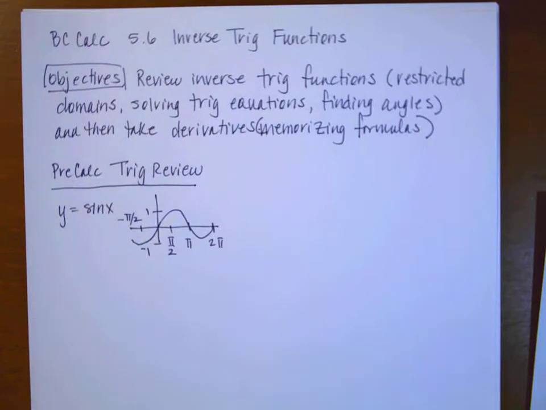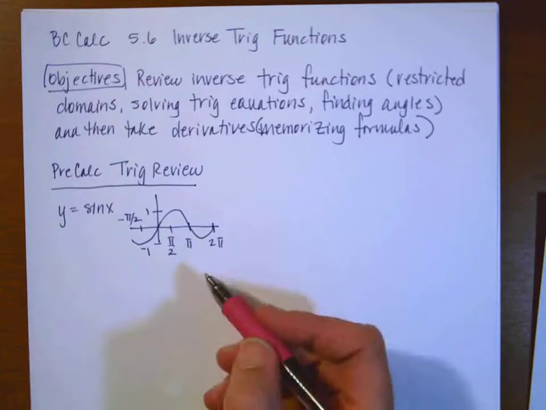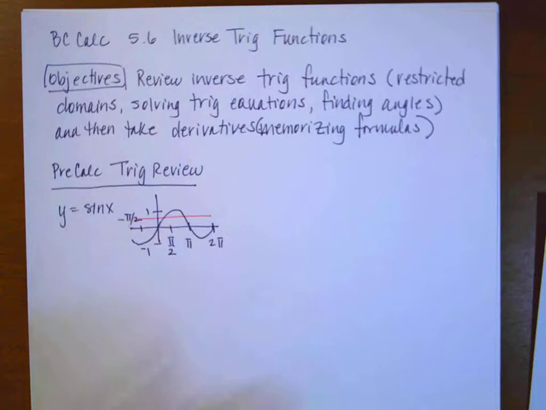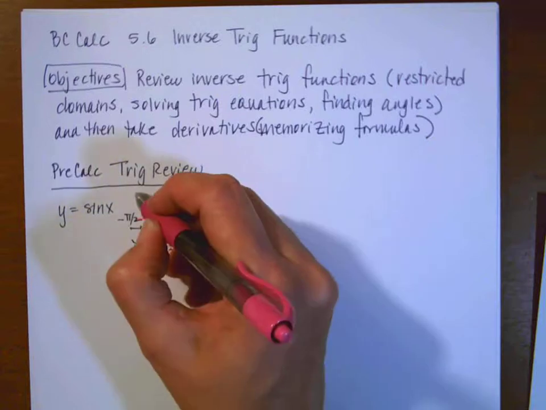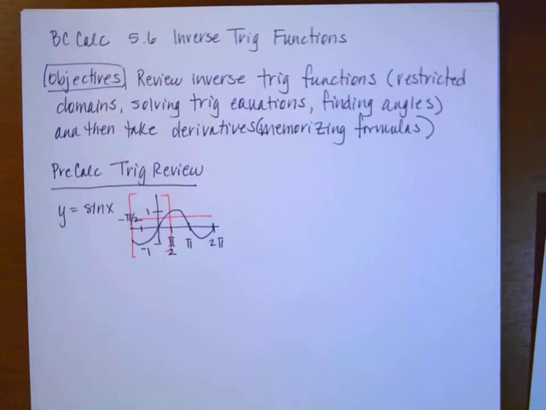Alrighty, so if I wanted to take the inverse of the sine of x, I would do a horizontal line test. Well, if you'll notice, it fails the horizontal line test unless I restrict the domain. And I'm going to restrict the domain from a negative pi over 2 to pi over 2 so that I can actually take an inverse.